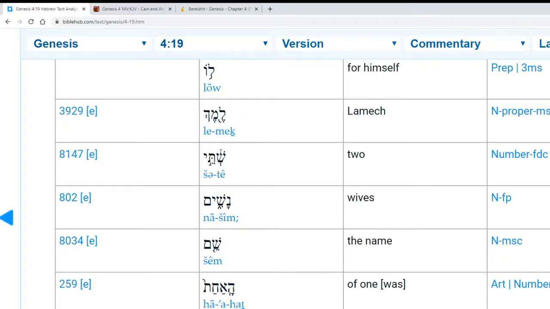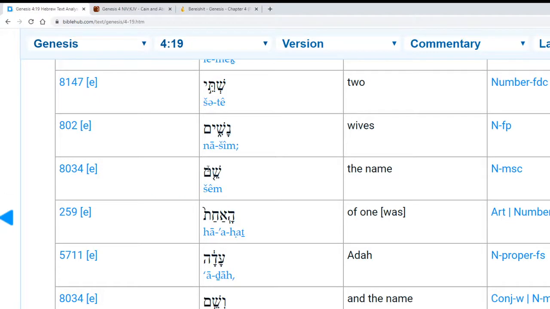Shtayim is two, shtei is in the construct form. Nashim, so this may be the first time we've had women, right? Ish is man, isha is woman. Anashim or ishim is men, and nashim is women. Okay, and I'm not precisely sure why it gets conjugated that way, but nashim it's used a lot. It just means women.